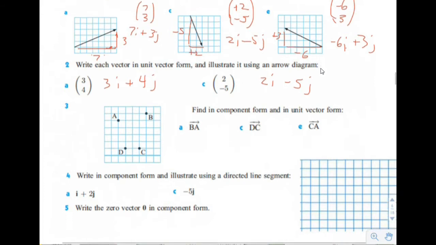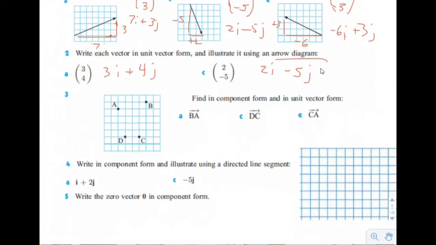Then if we wanted to draw it using an arrow diagram, we would say 3 to the right and 4 up, and then 2 to the right and 5 down. Looks kind of like that. So that one's that one, and that one is that one.